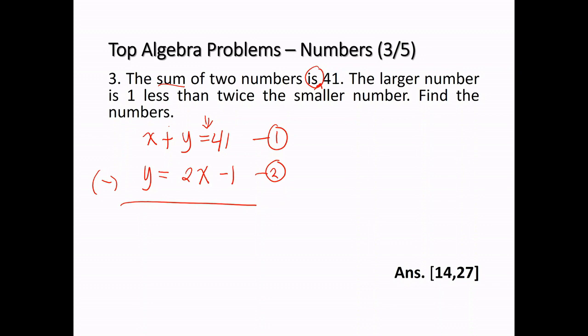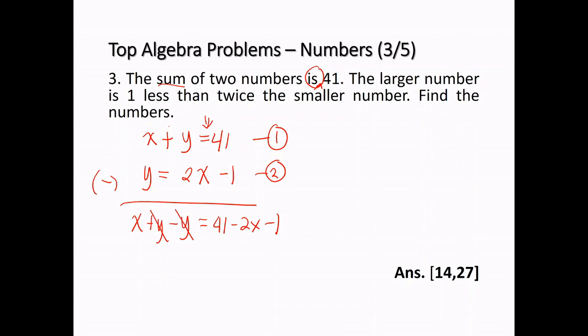So we have x plus y minus y is equal to 41 minus 2x minus 1. The good thing with this process is that it is very direct, so we can cancel y. If you notice, we only remain with variable x.